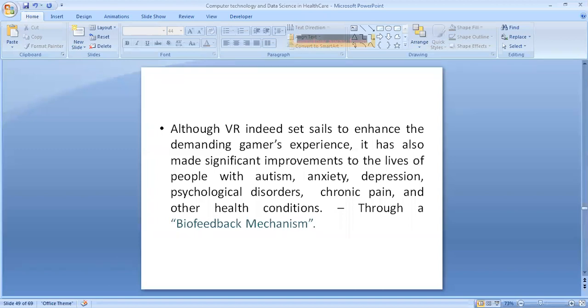So VR, or virtual reality, was able to bring improvement in the health condition of the patient, say for example chronic pain, that is a patient who is suffering from pain over a long period of time, or psychological disorder. But again, I'm stressing the virtual reality application or benefit would be possible only if equal response from the patient is available as a biofeedback.